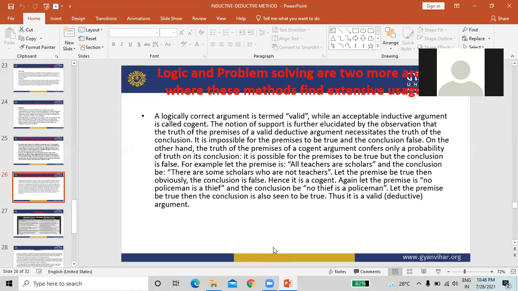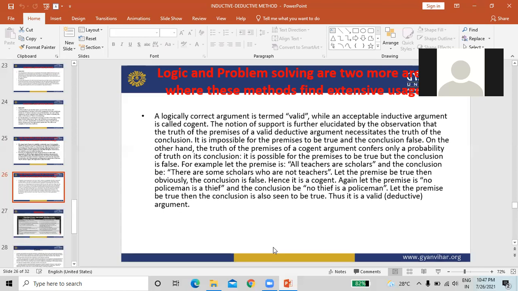For example, let the premise be all teachers are scholars, and the conclusion be there are some scholars who are not teachers. Let the premise be true, then obviously the conclusion is not certain.